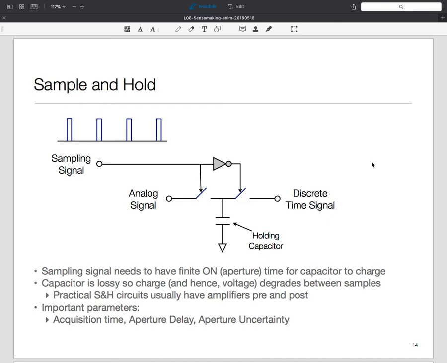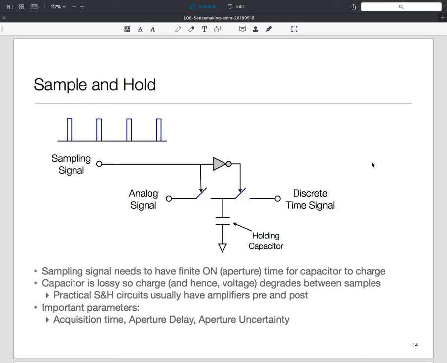We turn the switch on for a little bit of time, and then we open it and connect it to the discrete signal, and then we digitize this part. So we collect charge for some duration delta t. That gives us a charge proportional to the voltage on the analog side, and then we take this charge and do a level comparison. The reason we do it is so that while we are digitizing, we are not chasing a changing signal.